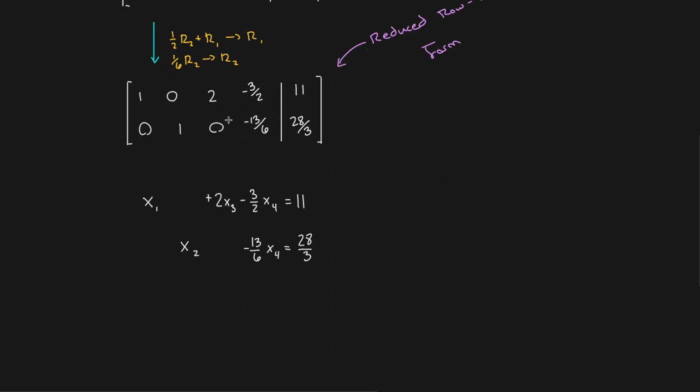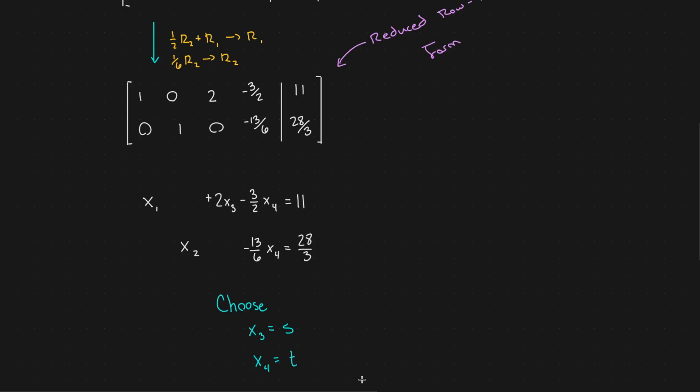But generally, it's going to be easiest if you choose your columns without leading entries to be the variables that are free variables. Okay, so let's choose x3 to be s and x4 to be t.